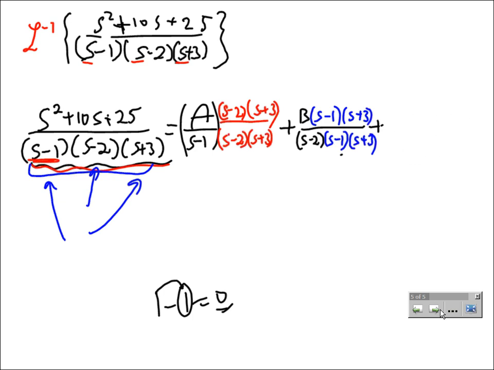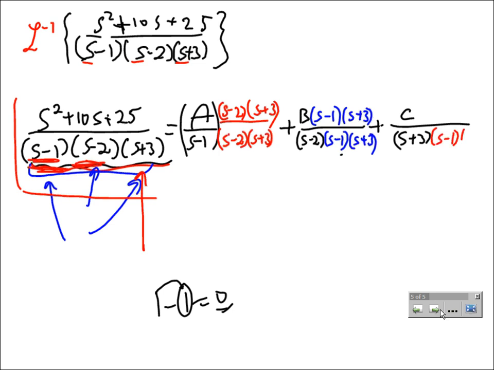And if the last fraction is c over s plus 3, it's going to have the same denominator as the first fraction over here. Well, I have the s plus 3. I just need the other two factors, s minus 1, s minus 2.